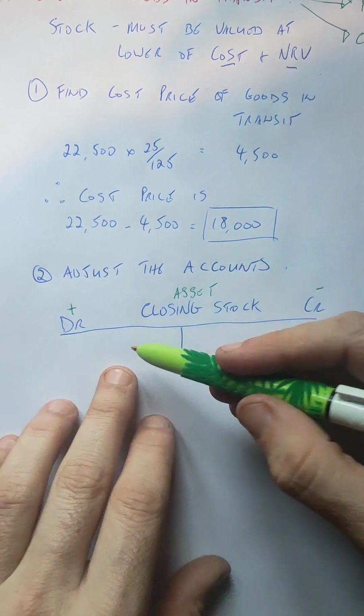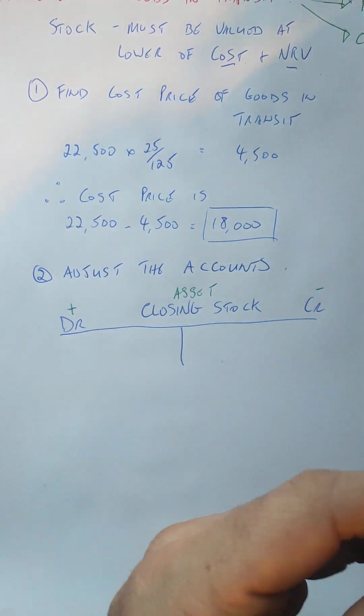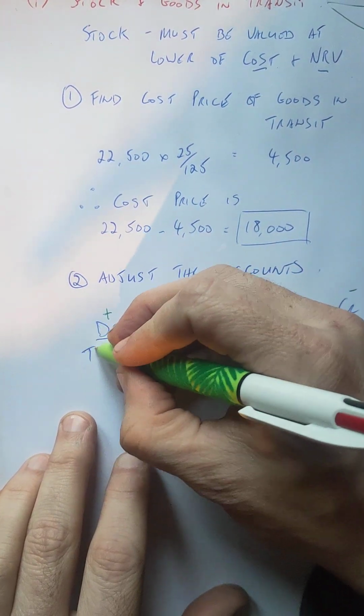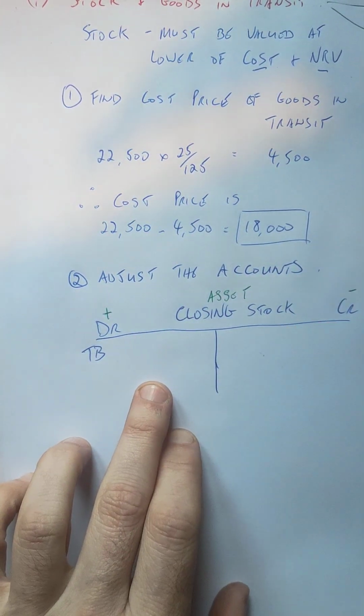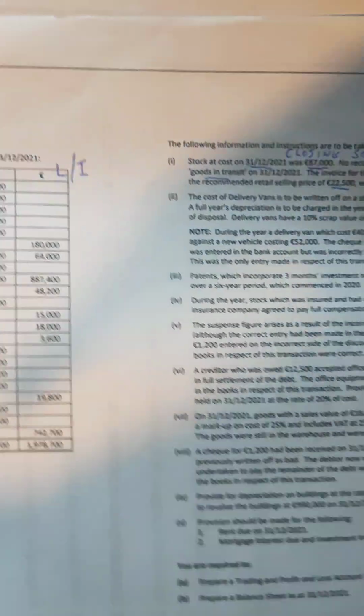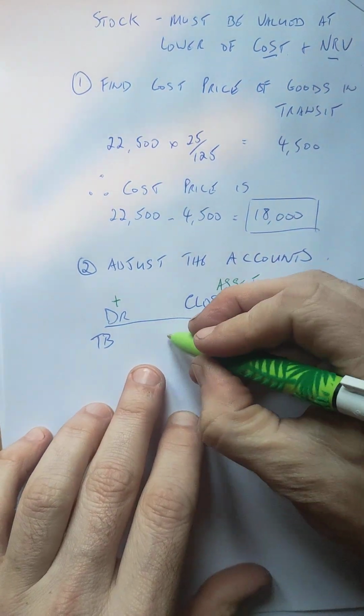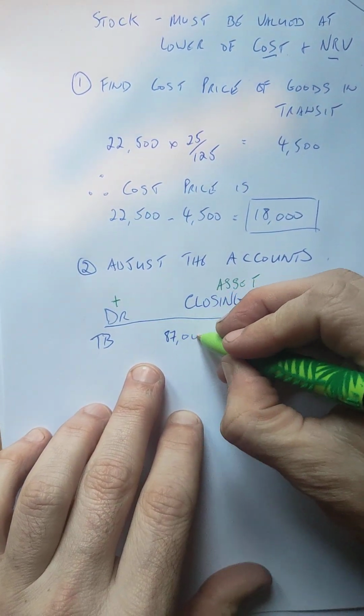So first of all, what I need to do is take the figure that we already have that's mentioned in the question. They've mentioned that at the end of the year it's 87,000. So I'm going to put 87,000. That's what we already have.